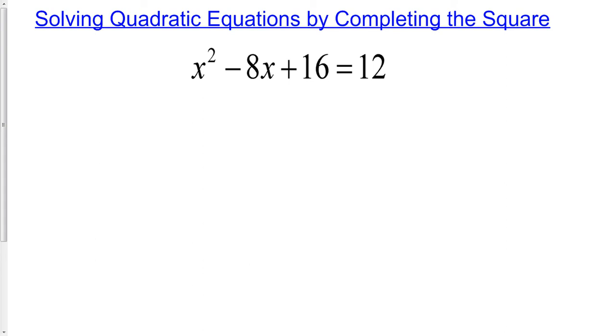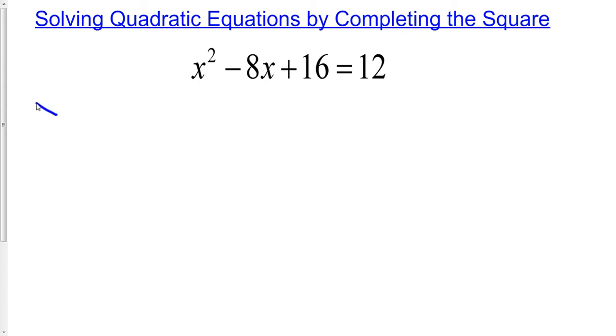We're going to use a new method called completing the square. Completing the square is done by recognizing a perfect square trinomial and using that to our advantage to use the square root property. Hopefully you can recognize that x squared minus 8x plus 16 is a perfect square trinomial. How would I recognize that?